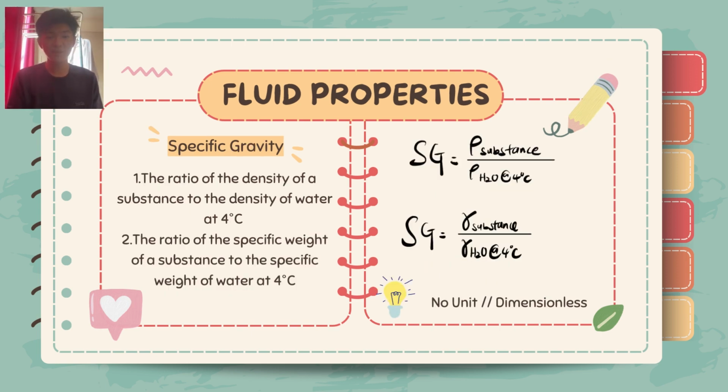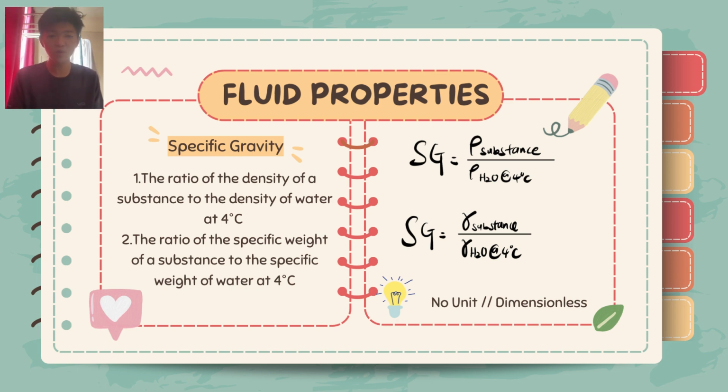Next will be the specific gravity. There are two general definitions based on two aspects, that is in terms of density and specific weight. Specific gravity is a ratio of density of a substance to the density of water at 4 degrees Celsius.